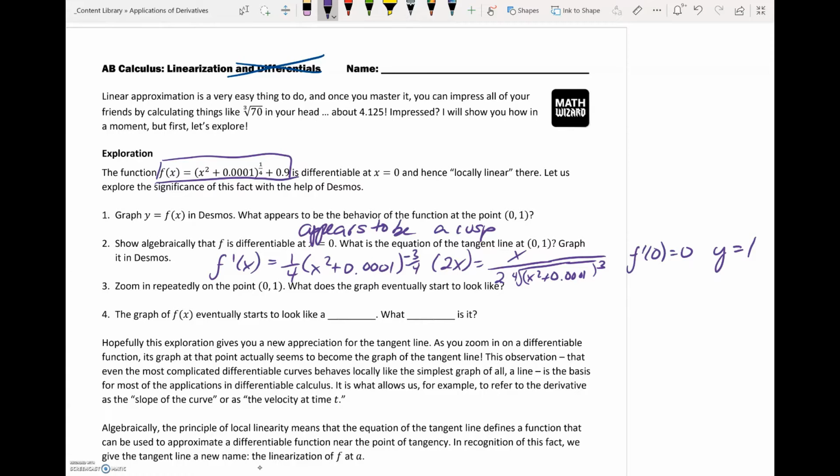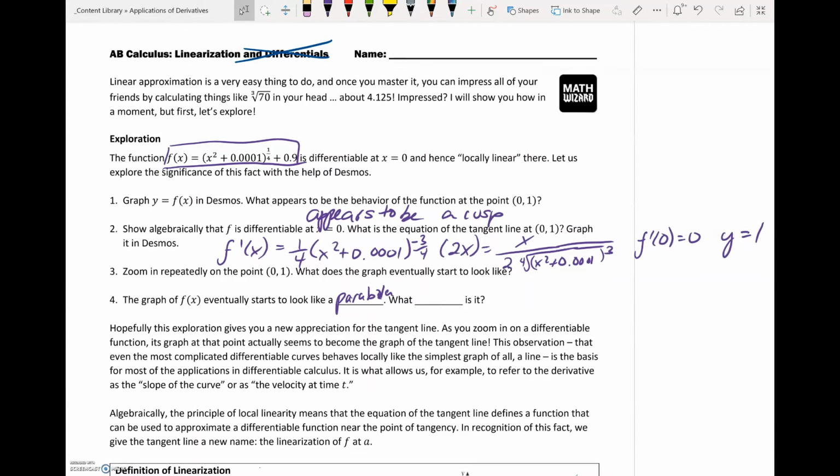Again, the graph of f eventually starts to look like a parabola. But what tangent line is that? It was the line y equals 1.